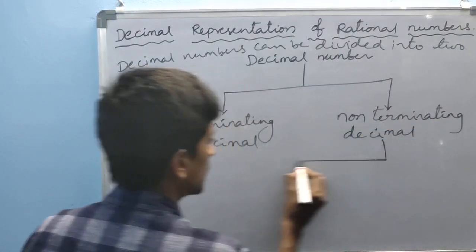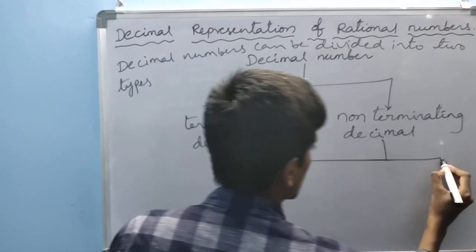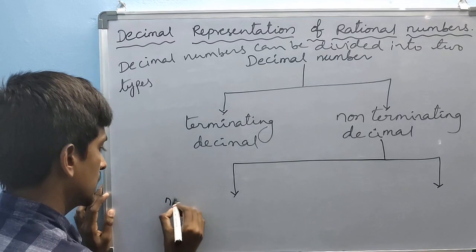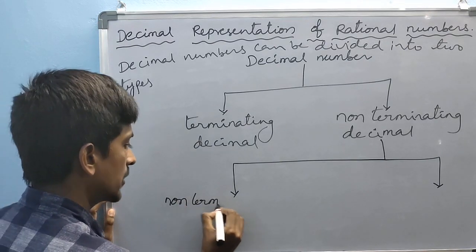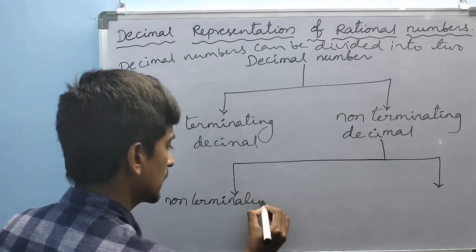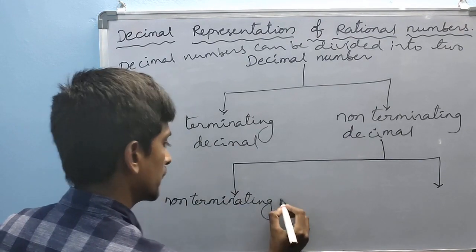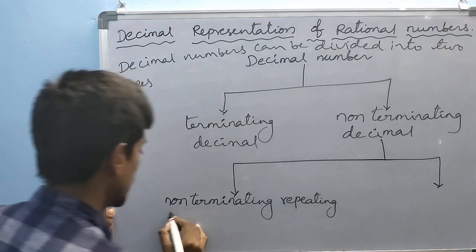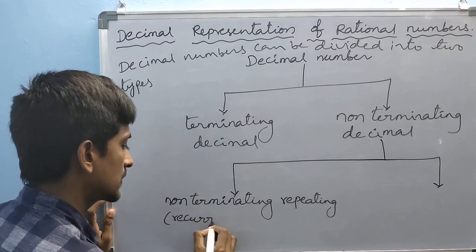Non-terminating decimals also can be divided into two parts. The first is non-terminating repeating or recurring decimals.